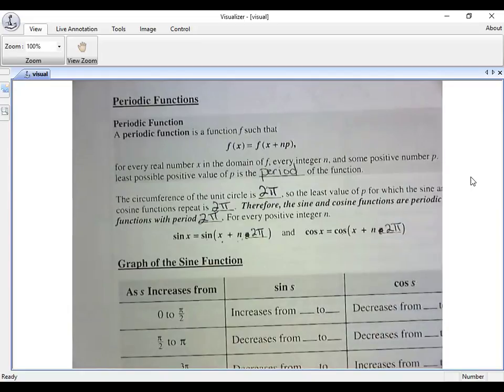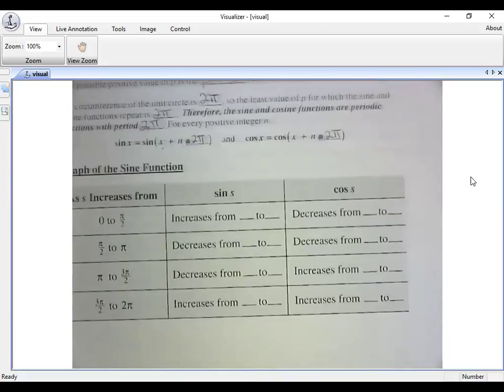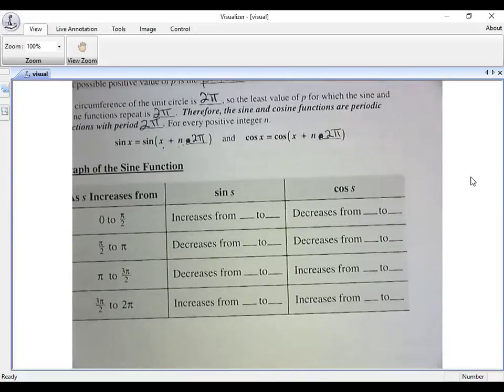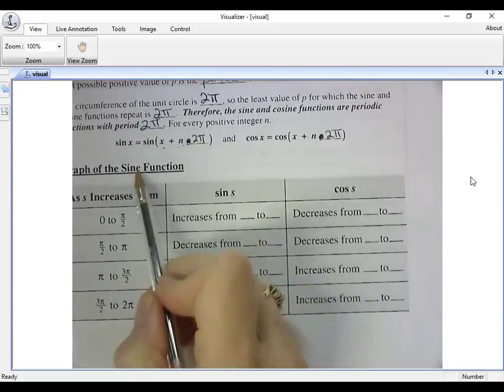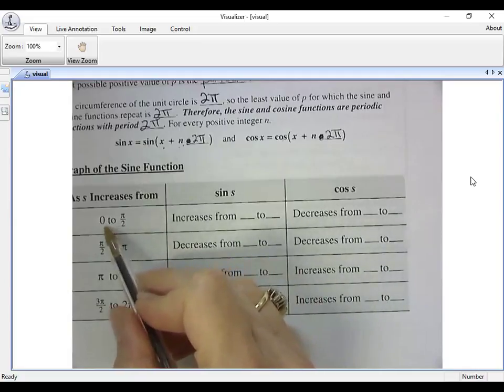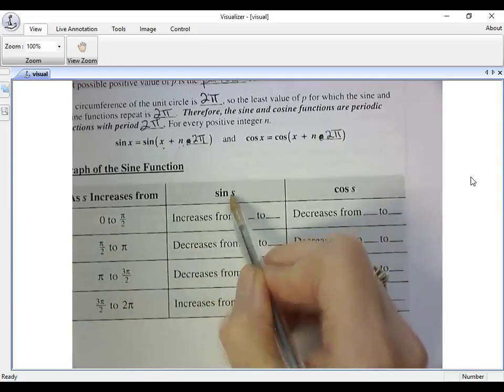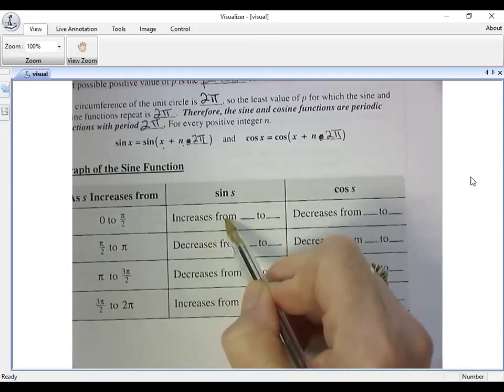Now, if we just look at the standard one period for a basic function, if we're talking about the graph of the sine function, as the angle measure increases from 0 to pi over 2, then the sine will increase from what?